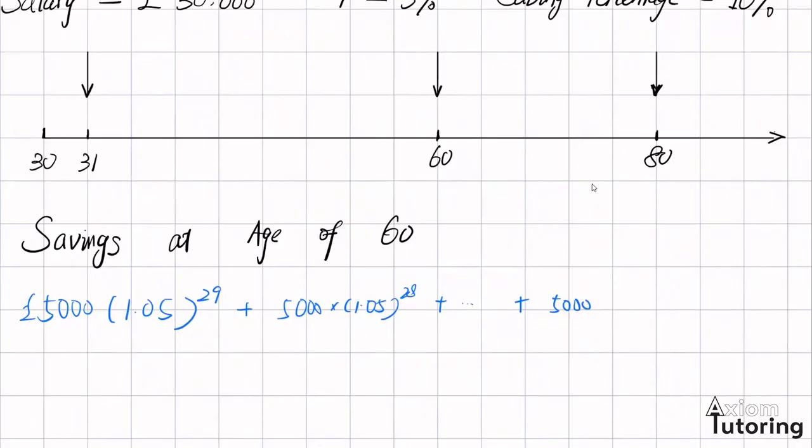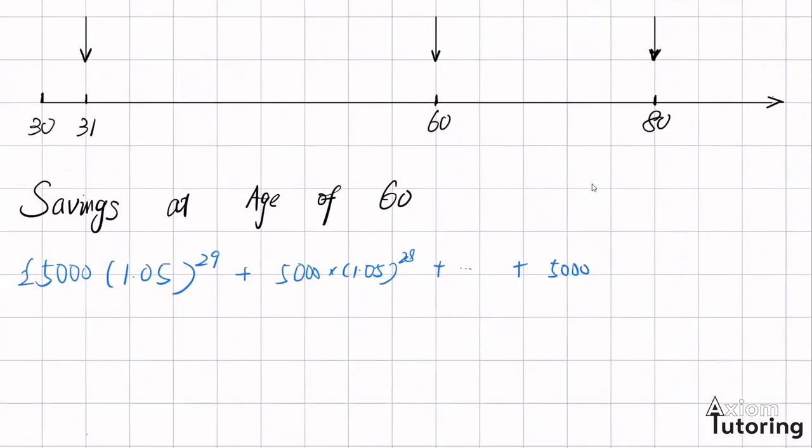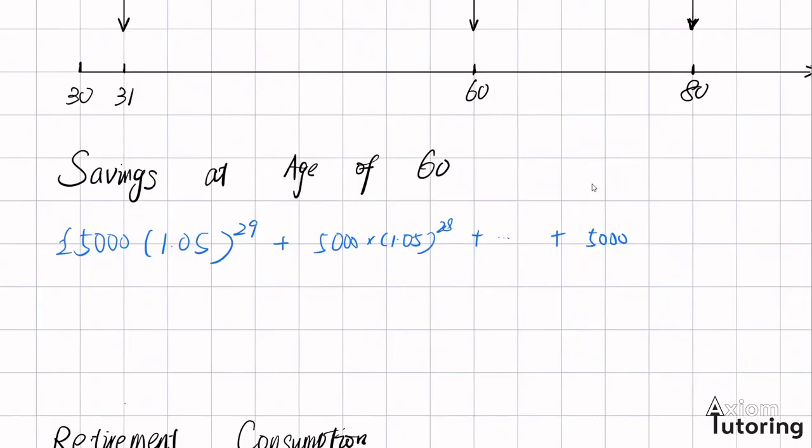If you remember from the previous videos, I provided a way of calculating the sum of the geometric series. So you can plug the numbers back into the formula, and you will have the answer. If you remember, the formula was a1 times q to the power of t minus 1, divided by q minus 1.